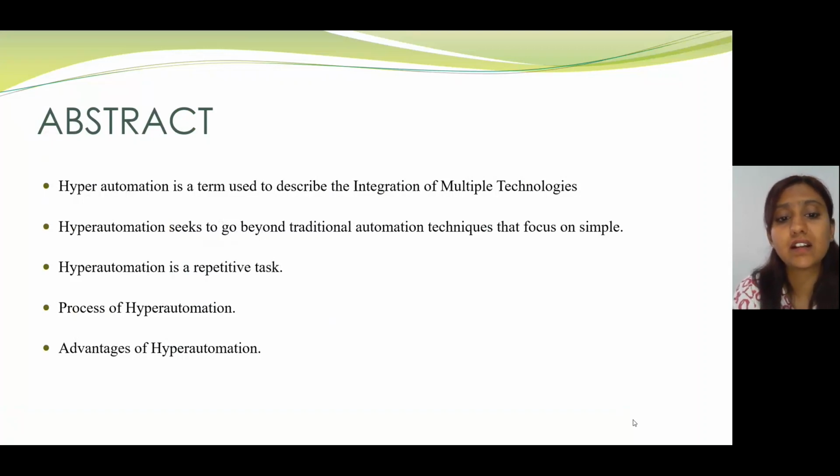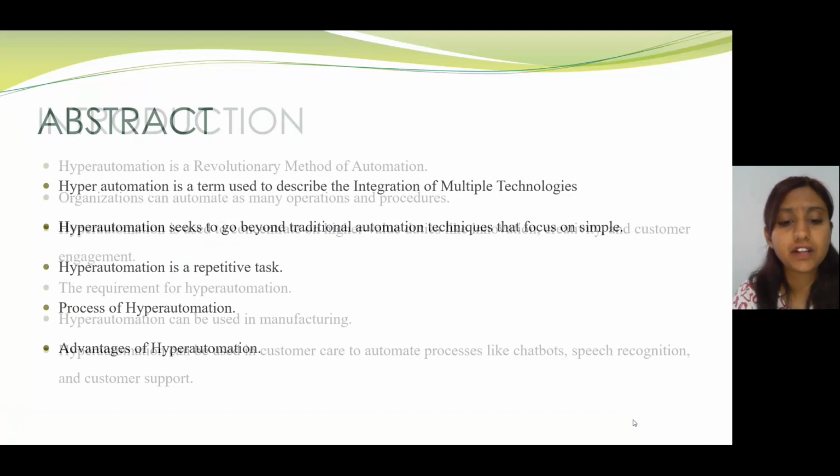So overall, we can say that hyperautomation is an advanced approach to automation that leverages multiple technologies to create a more comprehensive automation system. As a result, it helps businesses achieve greater efficiency, improve their customer experience and gain competitive advantages. Now, let us start with the introduction.